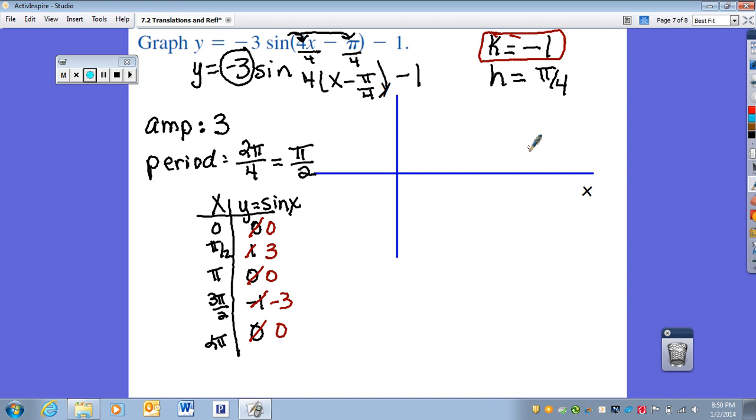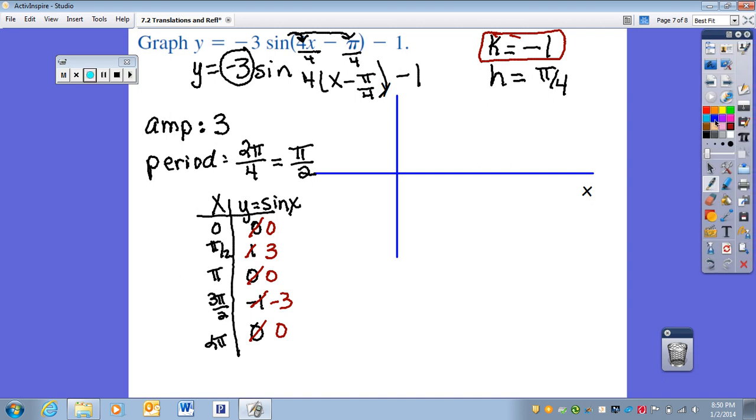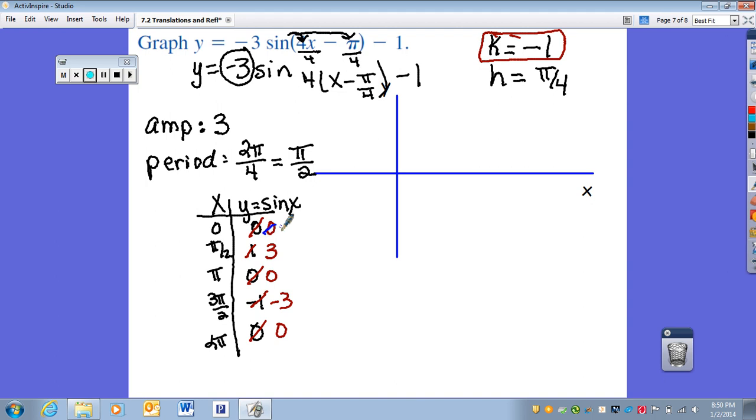So we need to change all of our values to show that they're going to shift 1 unit down. So we'll subtract 1 from each of these to go 1 unit down. Okay, so that is our amplitude.